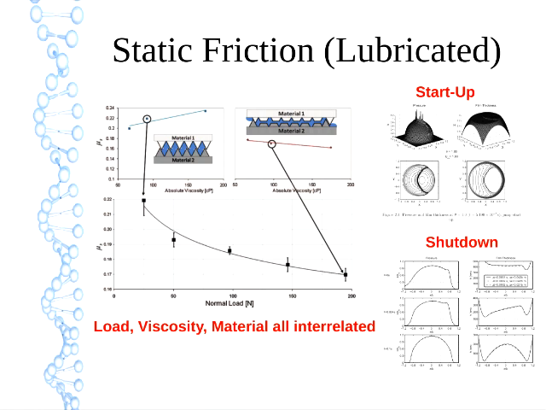All right. So when you look at static friction of lubricated contact, it becomes even more complicated than static friction of dry contacts. To begin with, you look over on the right.